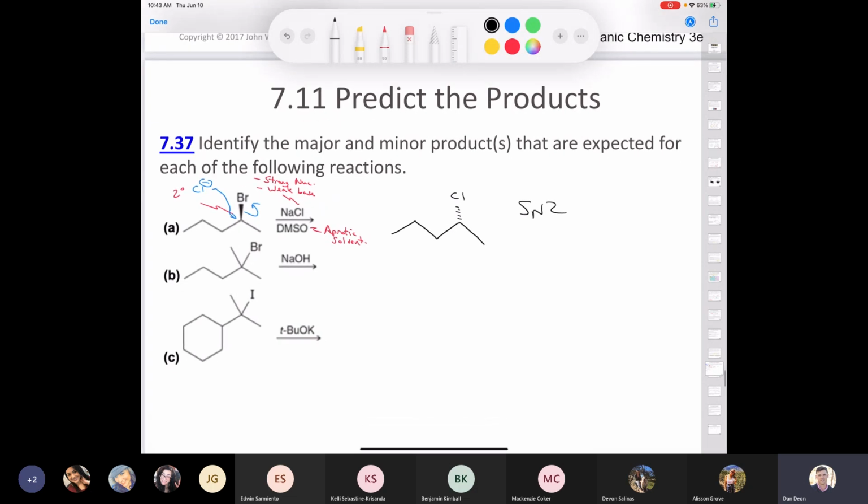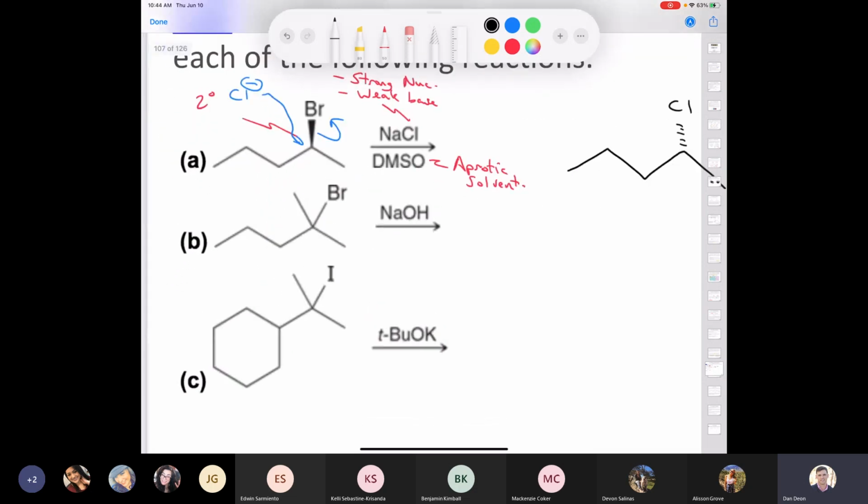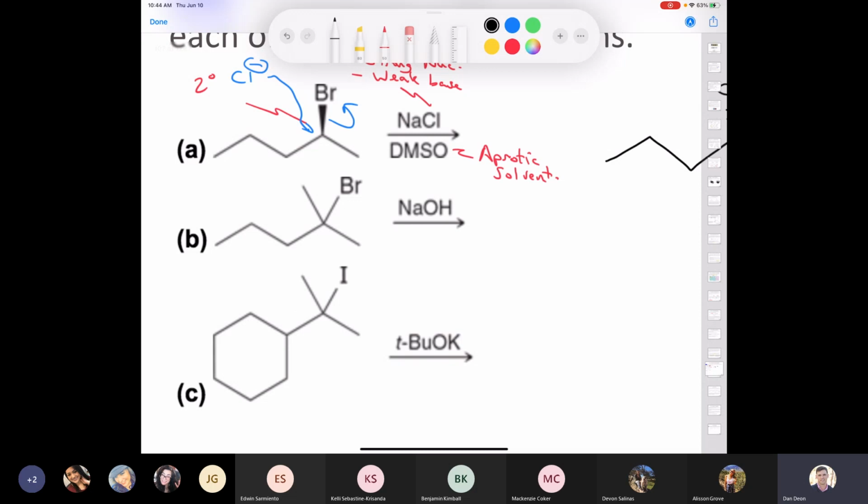Okay. Let's take a look at the next one. Again, you might look at it and be like, oh my goodness, what's going to happen? Let's just take it nice and slow. We've got a tertiary alkyl halide. So no substitution is going to occur in a tertiary, right? We get a strong base, strong nucleophile. So hydroxide is a strong base, and it's also a strong nucleophile.